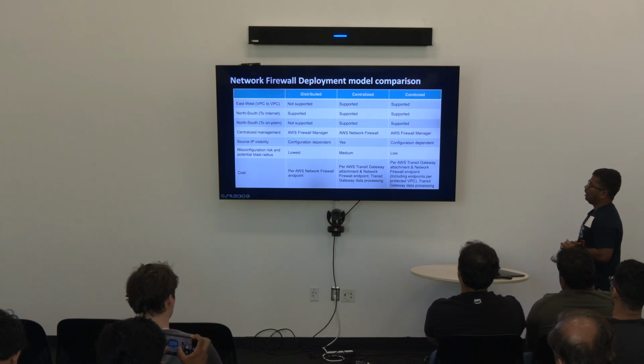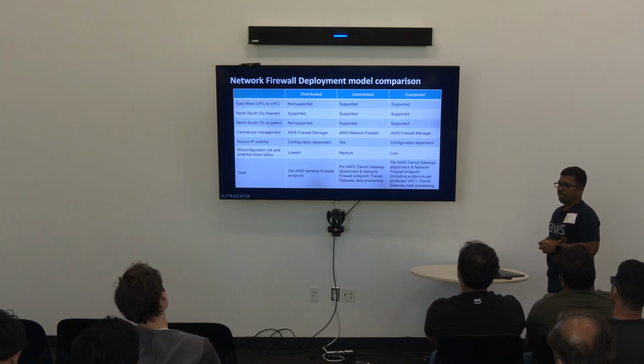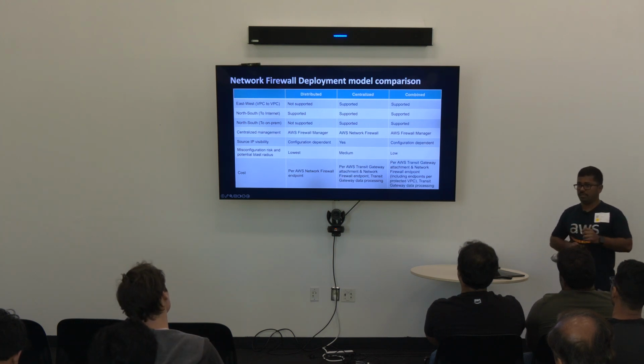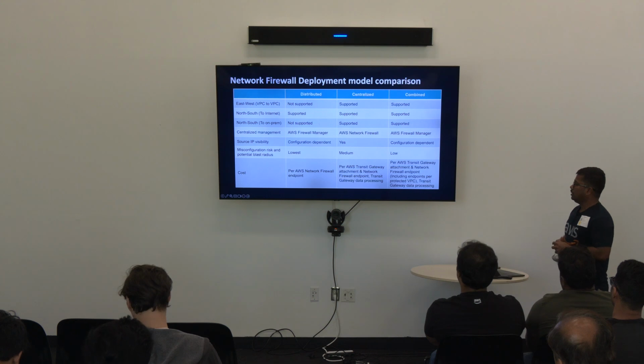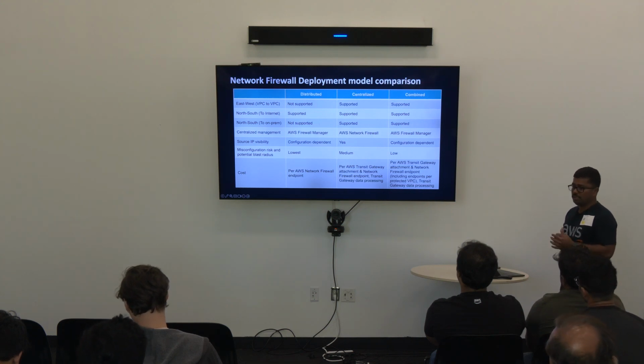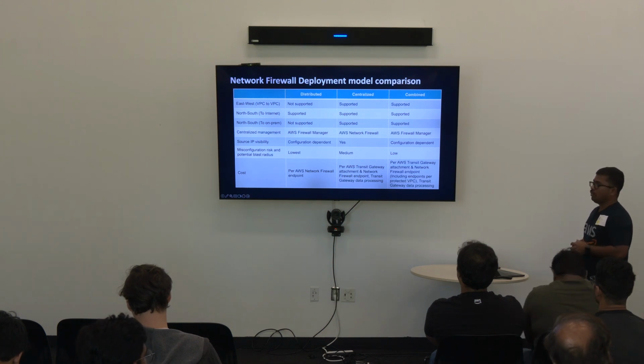And when it comes to cost, in the distributed, we are going to pay only for the interface endpoint per VPC network firewall. Whereas in the centralized, we are going to have the transit gateway, so we need to pay for the transit gateway attachment and the data processing in the transit gateway, and also the network firewall endpoints.